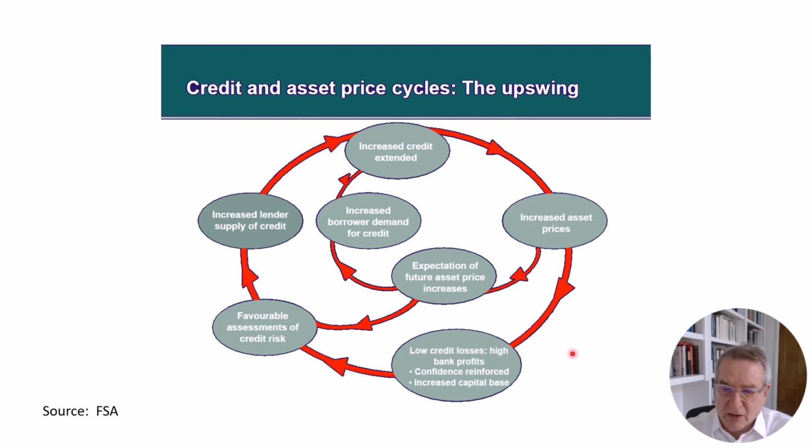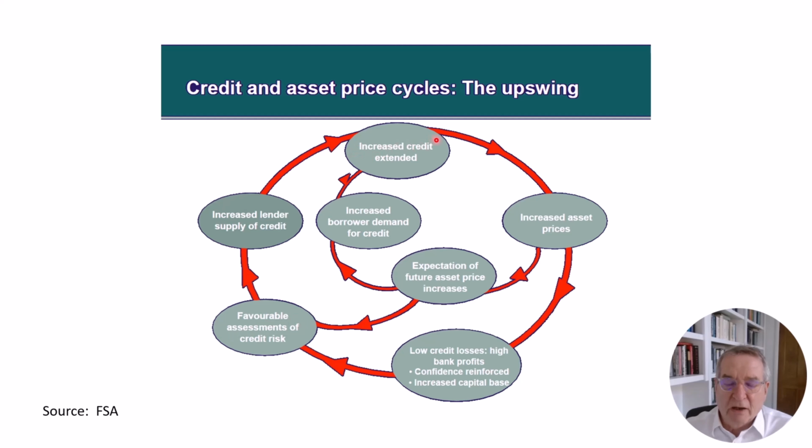Few people going bankrupt and so on. This leads to relatively high bank profits. The banking industry has its confidence reinforced, and of course the high profitability also increases the capital base of the banking industry. As a result of all this, banks are favorably disposed towards granting credit, and in fact they do.